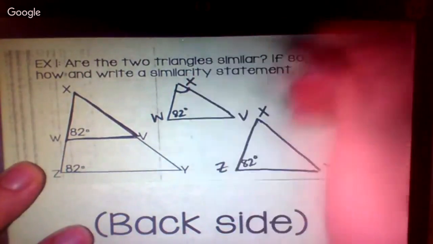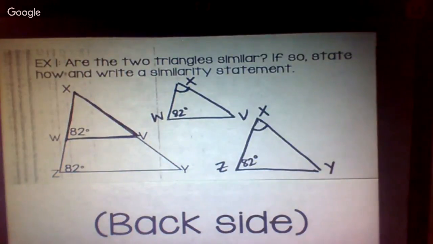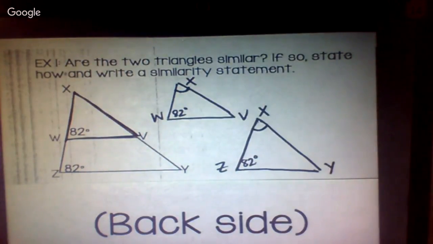When I lay them on top of each other, this angle and this angle line right up. So even though we don't know the degree of the angle, we know that angle X and angle X are the same when I pull them apart, because when I put them together, they match right on top of each other. Does that make sense? Just like the triangles yesterday, they may have shared that line in common. This one shares an angle.